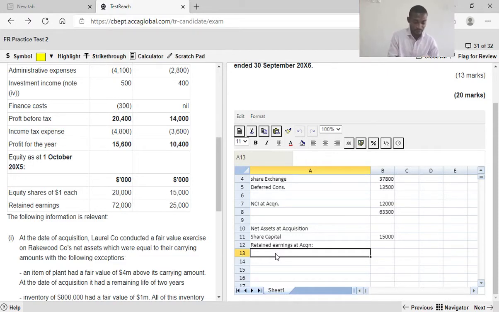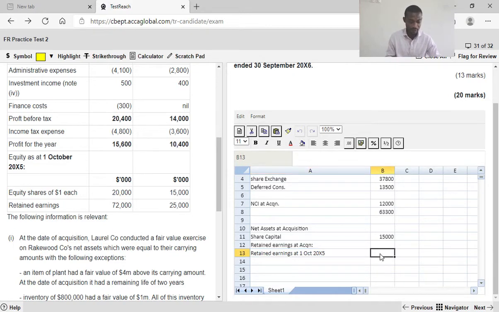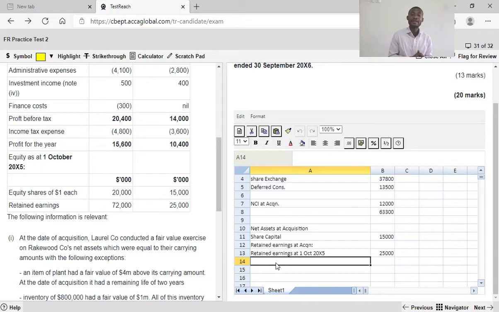Retained earnings at 1st October 20x5. You keep it simple, and what I'll do is to say the figure is 25. I'll type in the 25,000, which is 25 million. Then I need the part of the profit, which is the pre-acquisition profit, as at 1st January.